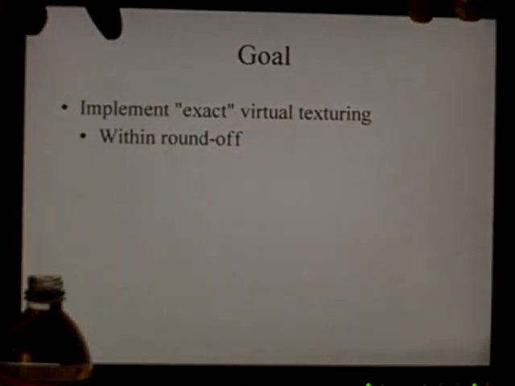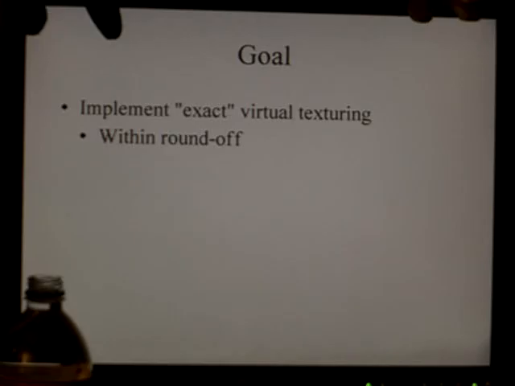So when I'm implementing this system, what I'm going to try to do is implement exact texturing in the sense that if I had the virtual texture, if instead it was actually just a real traditional texture ready to go, and I sampled from it, I'm going to get the exact same results with this virtual texturing system.